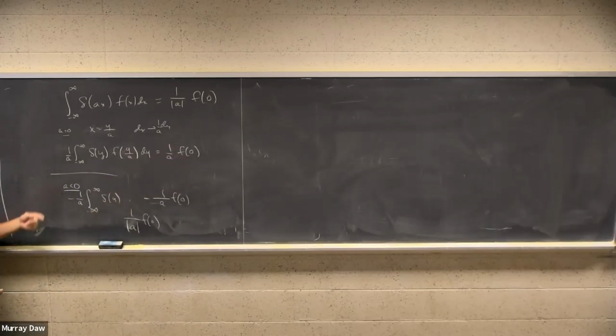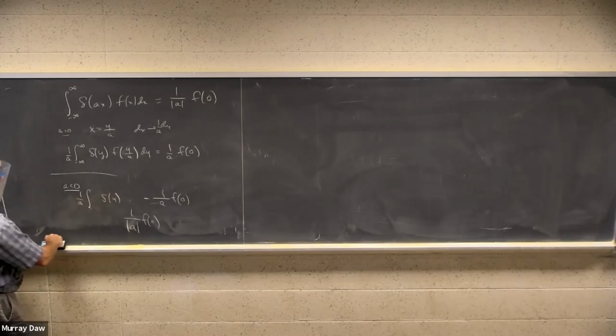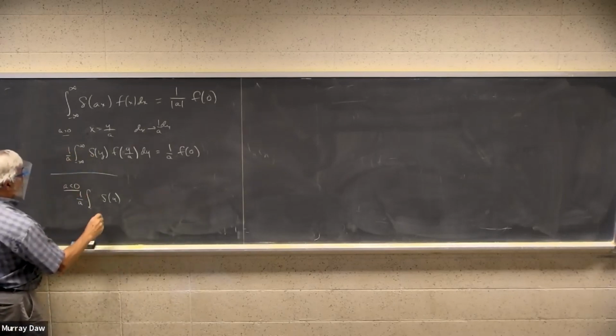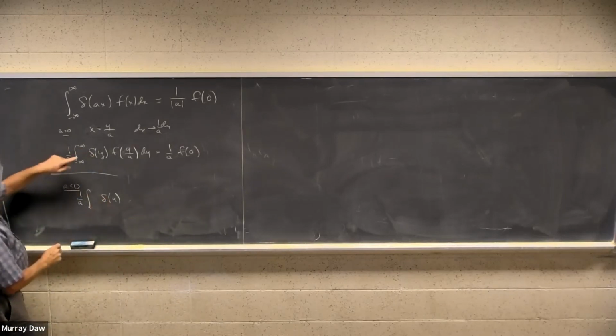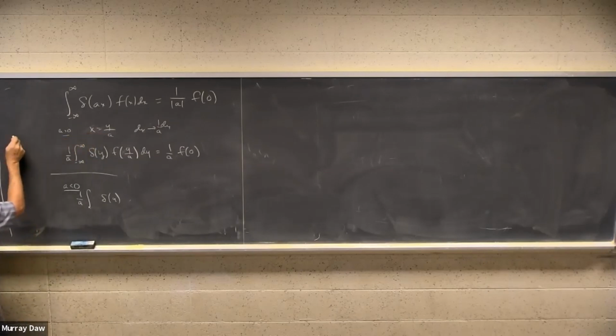So let's suppose that a is negative. You have to be a little careful here, because if a is negative and x is, say, positive, y is equal to ax. So at the limit of integration where x is going to negative infinity, y is going to be positive.